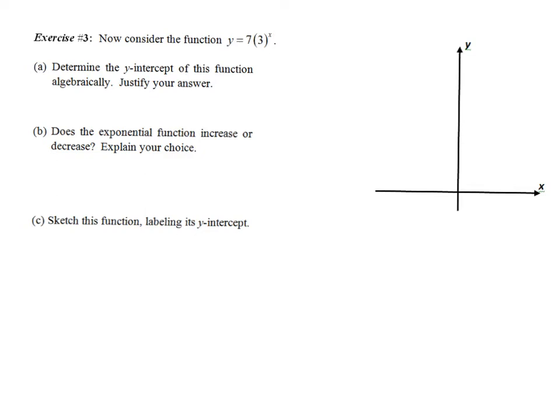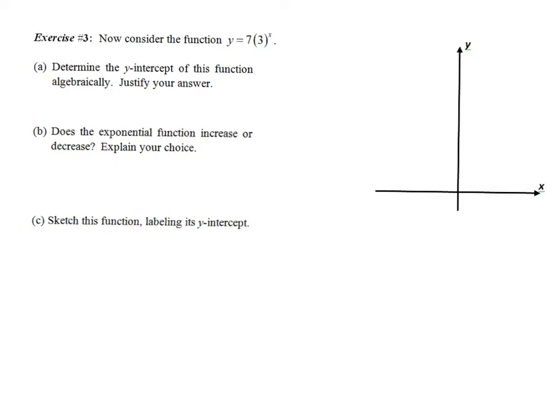For exercise number 3, we're going to have a little bit more complicated function. Now I've got y equals 7 times 3 to the x power. When I look at that function, the exponential portion is similar to what we had before, a base raised to a variable exponent. But you'll notice that this time I've got a coefficient.